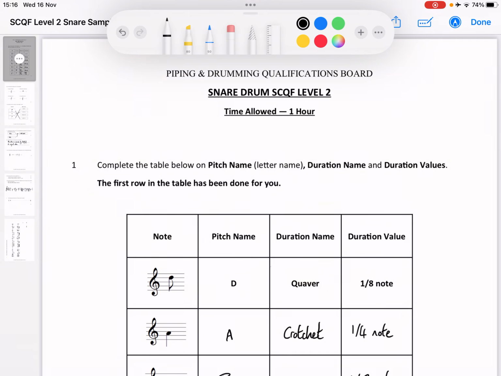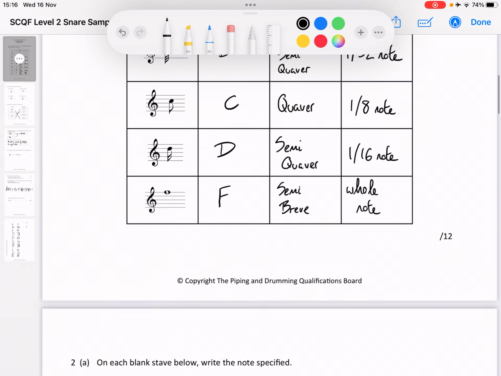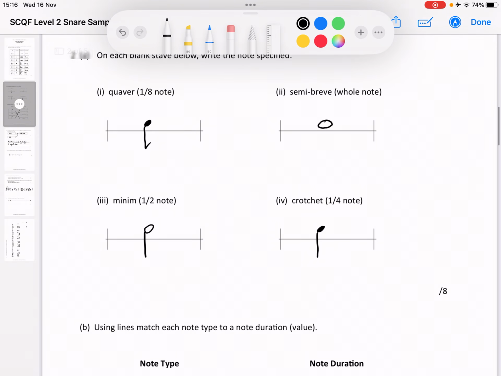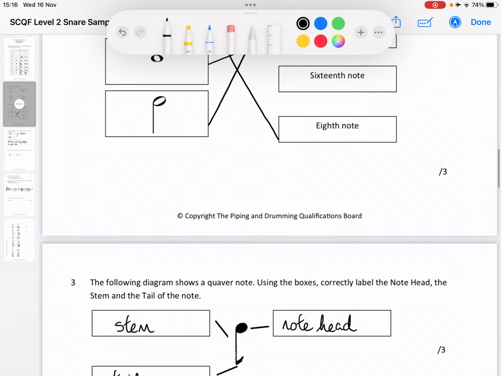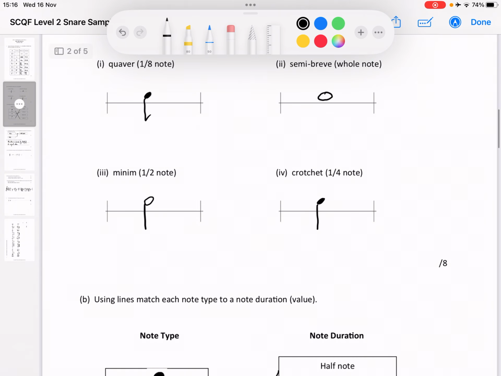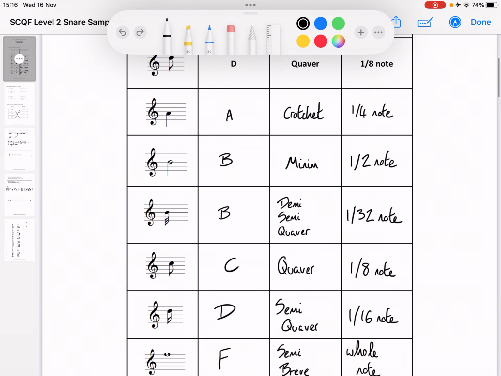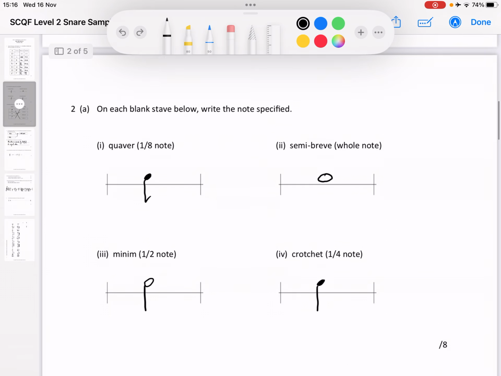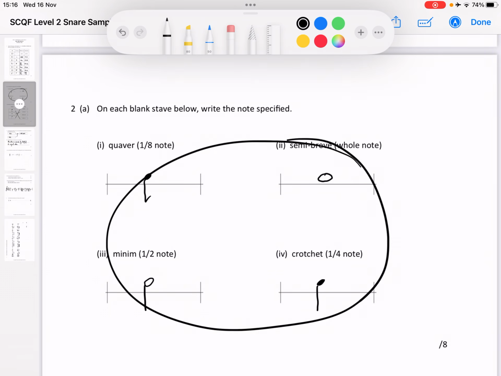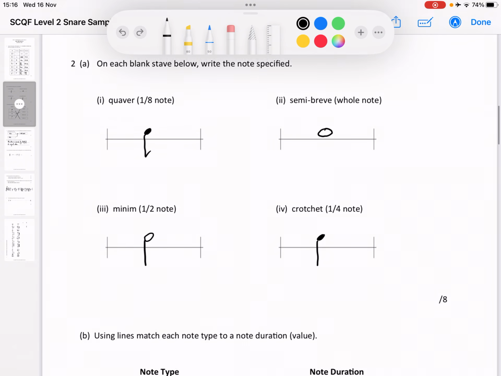Okay, so we started with the pitch names and the durations, blasted through the staves and writing the notes, naming the notes, and remember on the test you might find, as I said before, that the question's the same but all of these are maybe different. Alright, so you're having to figure out what they are. Don't memorise these answers because it's going to be different. Exact same here. Probably going to be the same layout, but it might be a different note there it's asking you for. So again, please don't memorise this.